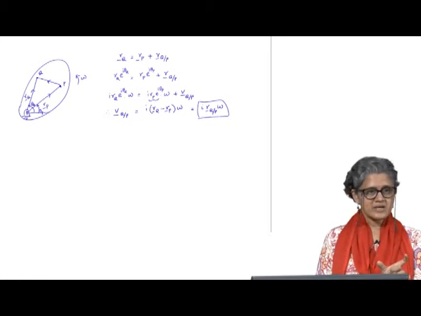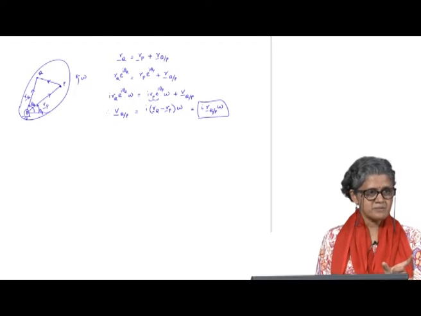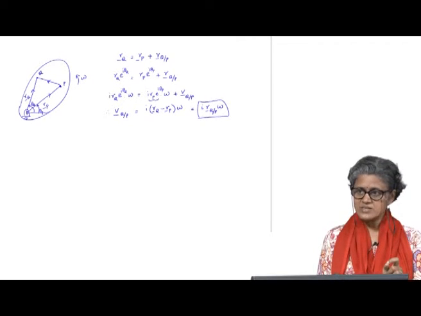It is the radius vector scaled by omega and rotated in the direction of omega by 90 degrees. That is my velocity vector.